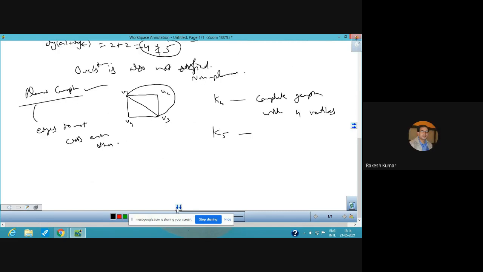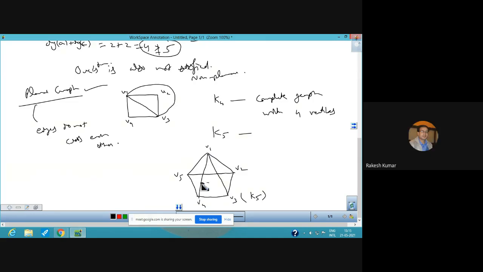Prove that the graph K5 is this graph. This is your K5. K5 means there are 5 vertices in the graph, and all the vertices have been joined by the help of edges.